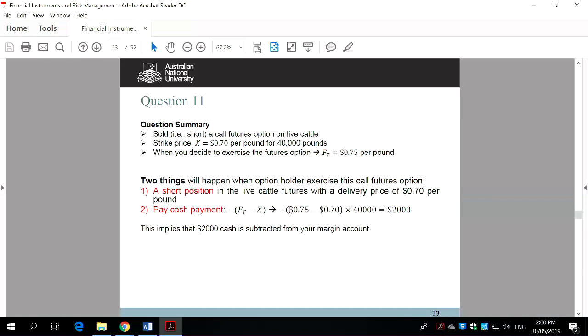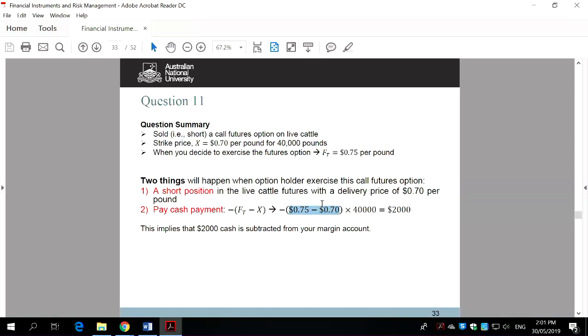And remember, the option holder would also get paid a cash amount. So the option holder will be paid FT minus X. So FT is the futures price on the day the option holder exercised, right? So on the day the option holder exercised it is 75 cents. And the strike price is 70 cents. So if the option holder gets paid 75 minus 70, then you lose that much, right?